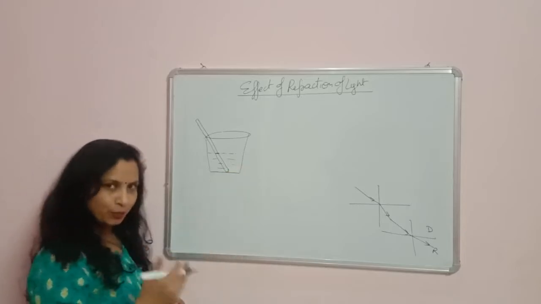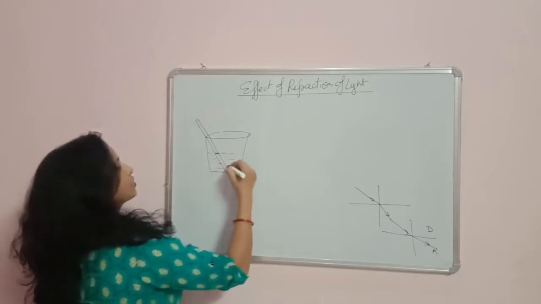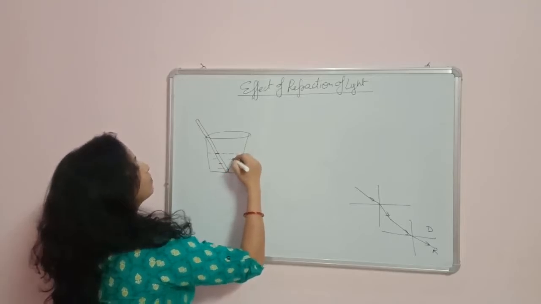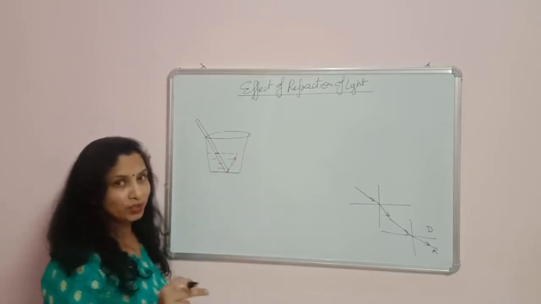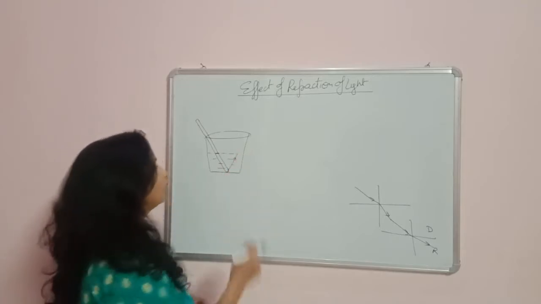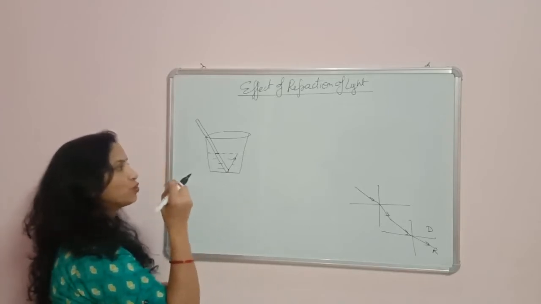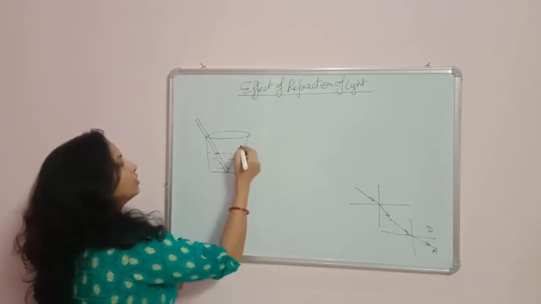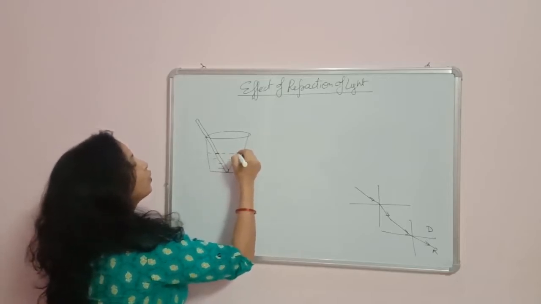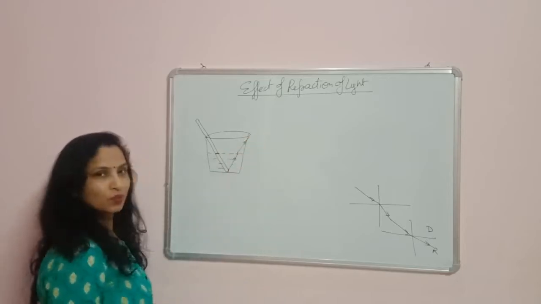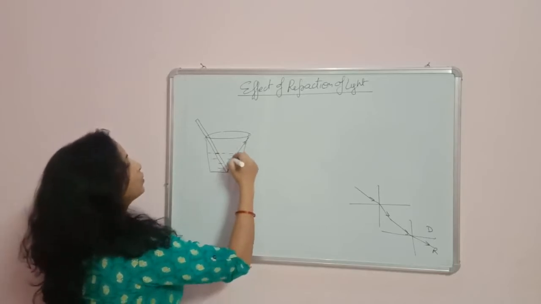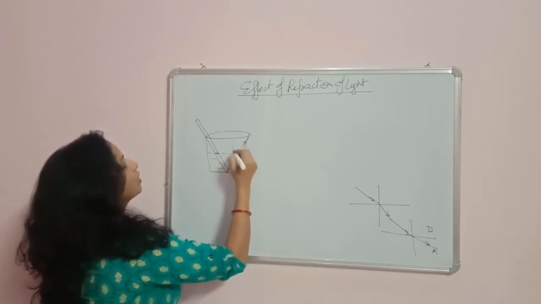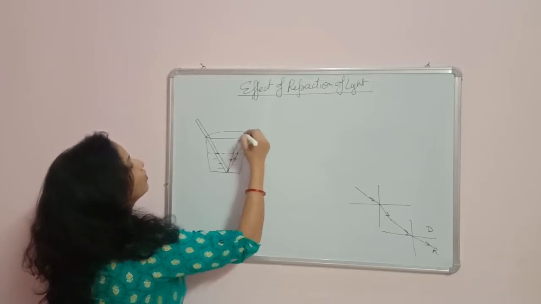Suppose we are seeing the tip of the stick. What will happen to the ray which passes from the water into the air? What should be the change in the ray? When it passes from the water into the air, it bends away from the normal like this. I am drawing two rays like this, and again it will bend away from the normal.